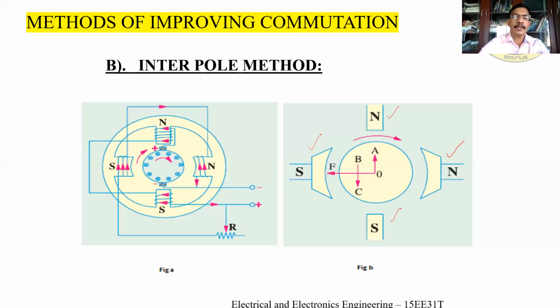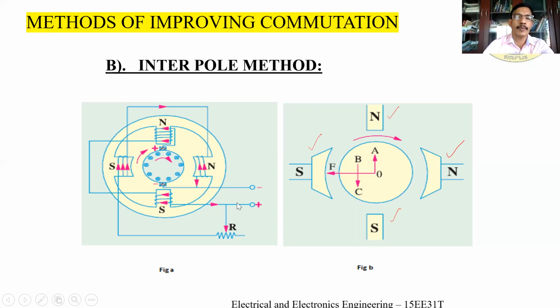In this diagram, we can see the connection of interpoles. This is the armature, this is the main pole, this is the interpole.